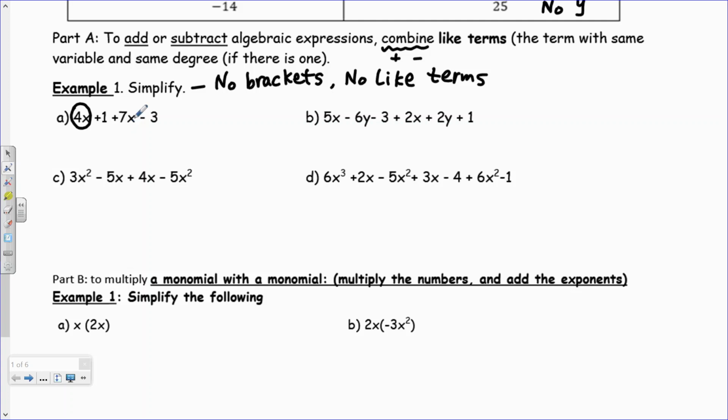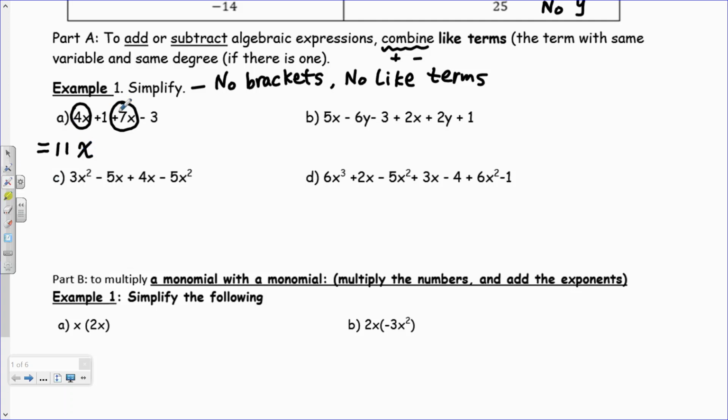This one got x, and the degree both 1, so you have same variable, same degree 1, so they are like terms. When you circle, please also circle the sign at front because you are going to add the numbers with a sign at front. So 4 plus 7, use your calculator, you are going to have 11x.